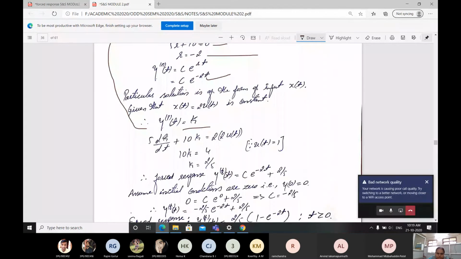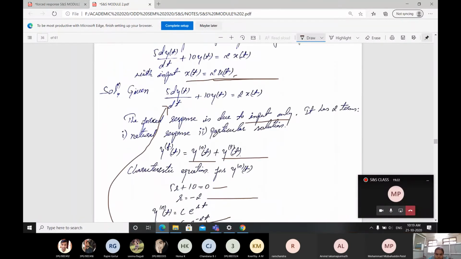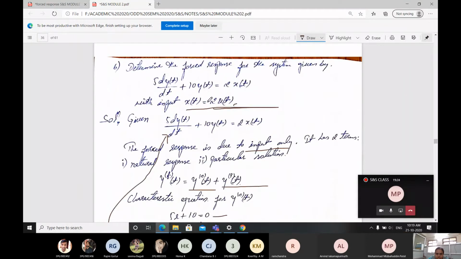What I can write, where is our y of t? You have to write it as k. Therefore 5 into dk divided by dt plus 10k, that is going to be equal to 2 into x of t.